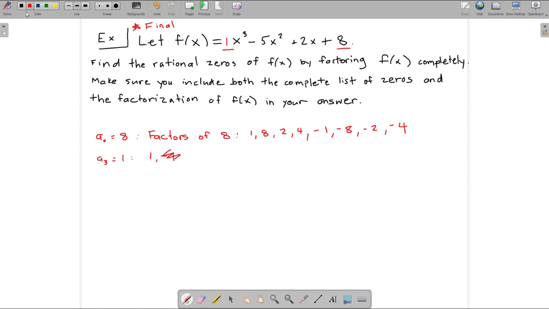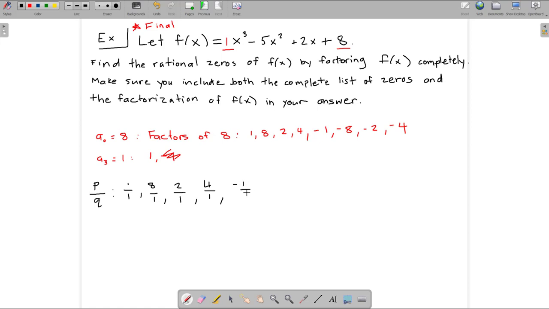So next, let's look at p over q. So all of the possible combinations of these factors. And so we actually have quite a few here, but fortunately we're only dividing by 1. So all of our p over q's will just be like 1 over 1, 8 over 1, 2 over 1, 4 over 1, and all of the negative versions of those too.